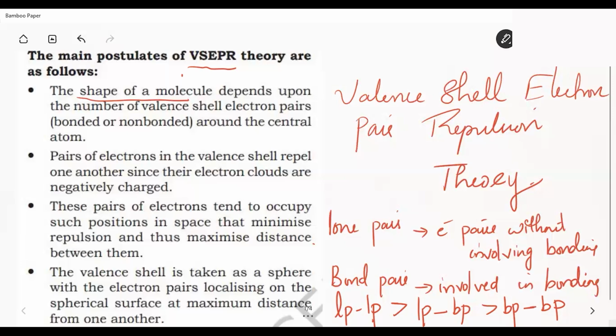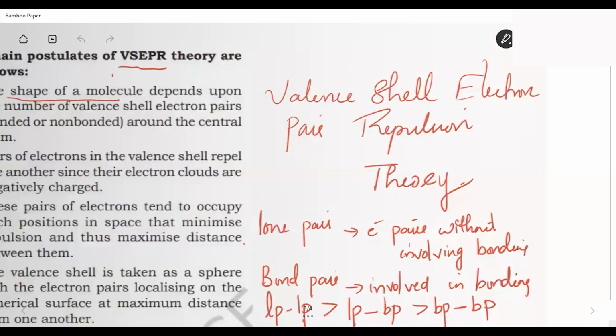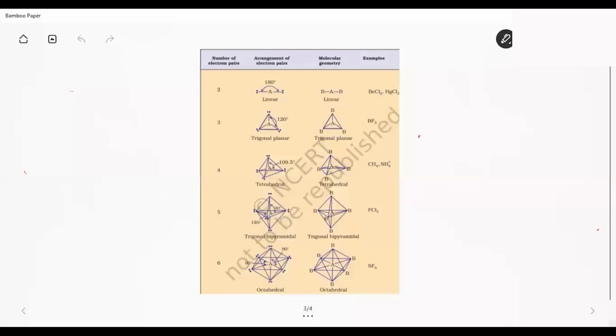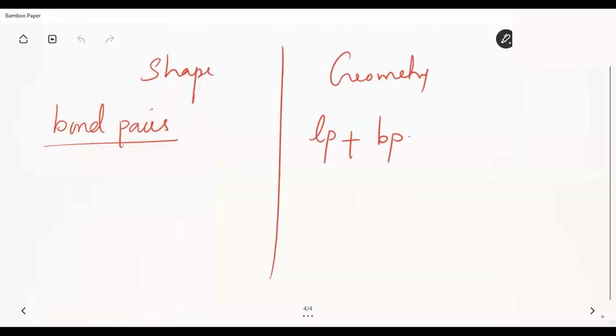Now we are going to discuss how the electron pairs are arranged in space. Before that, I want to explain the shape of the molecule and what is meant by geometry. You must understand the difference between shape and geometry.